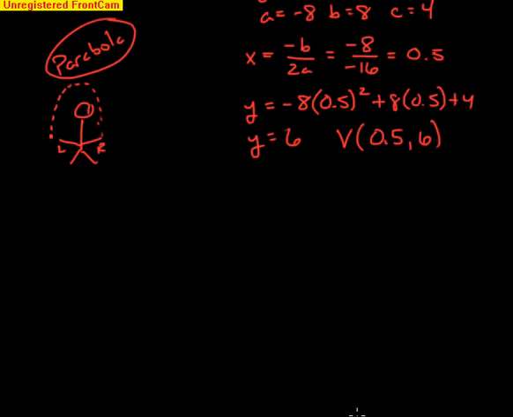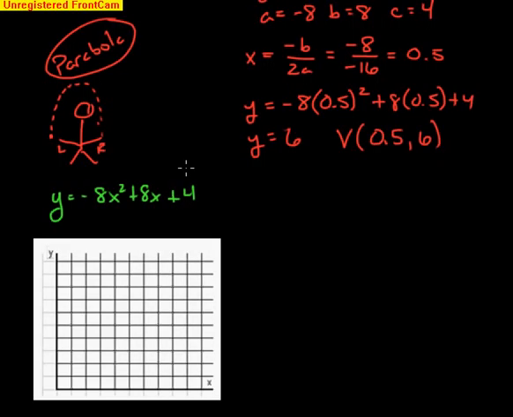Now remember, it is a word problem, so we only need the positive part of the graph. I have inserted a graph into my page here. We have the first quadrant, which is positive x, positive y. I'm going to go ahead and label these.